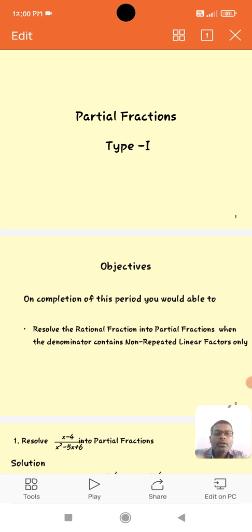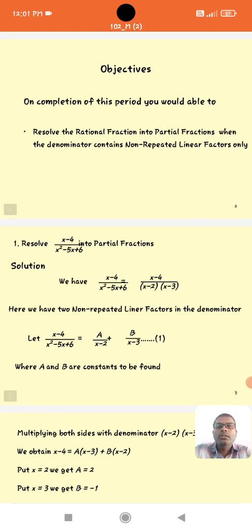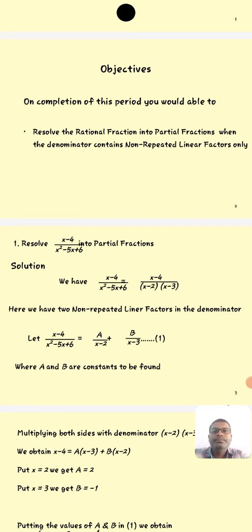Now we go to partial fractions, and how to solve the different types of problems. In this one, partial fractions type 1. Here the objectives are there.